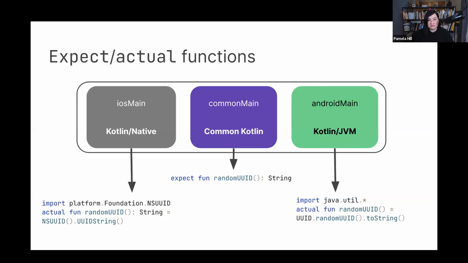In iOS main, you can use Kotlin Native and all kinds of iOS APIs here, but you can never call from iOS main some stuff in Android main or vice versa. And you can also not call from common main stuff in Android main and iOS main.